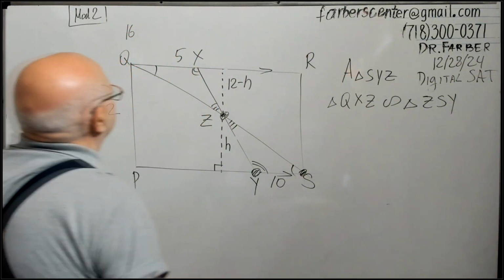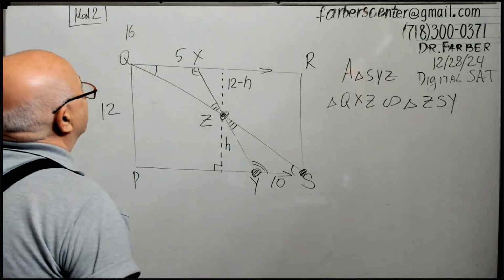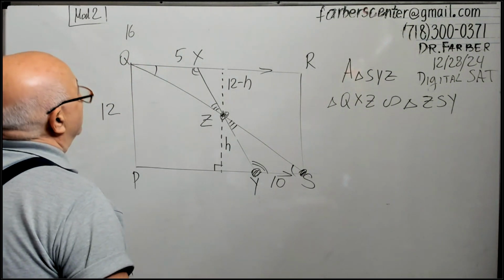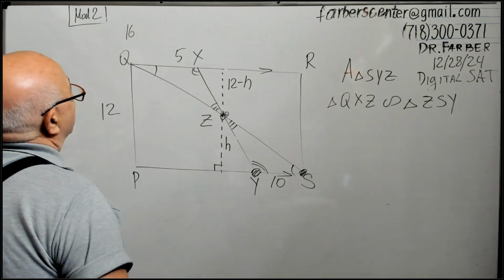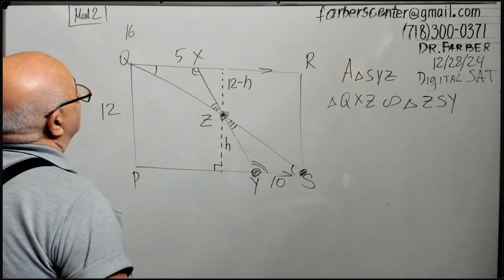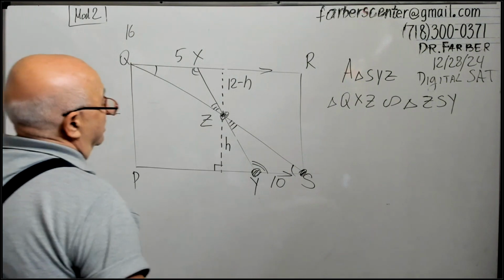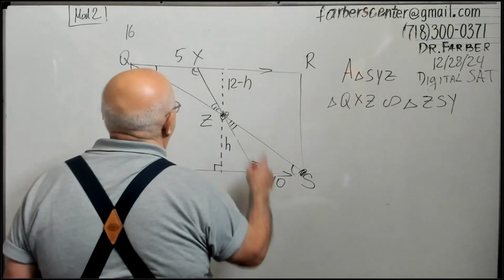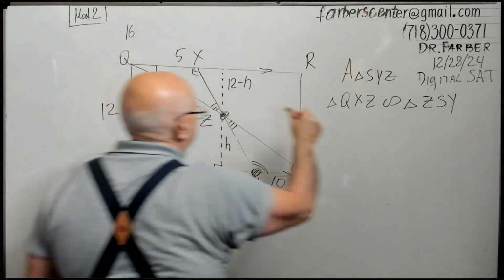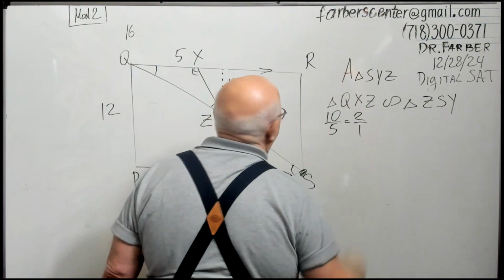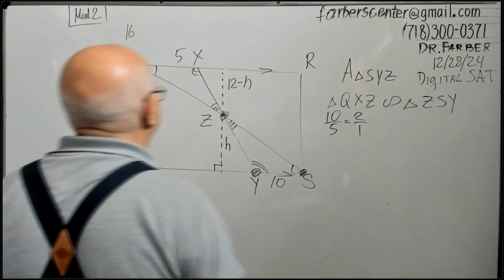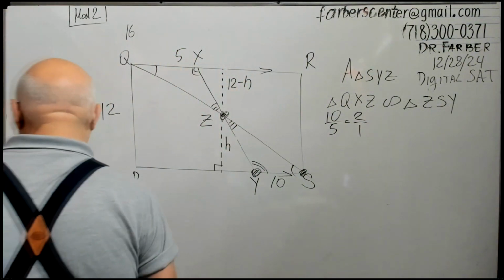Based on this, what is the coefficient of proportionality? It is 2, because this side to this side is 10 over 5. Similarity 2 to 1, all 2 times bigger. So far, so good.